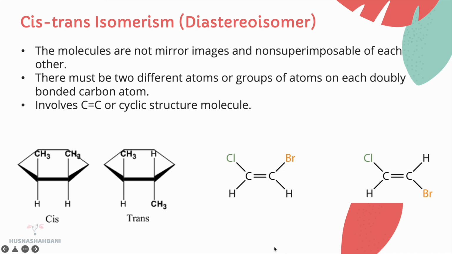So you call this the cis isomer. This halogen is on a different side, Cl, one on top, one at the bottom here. So this is the trans isomer. So these two pairs, you call them cis-trans isomerism or diastereoisomers.